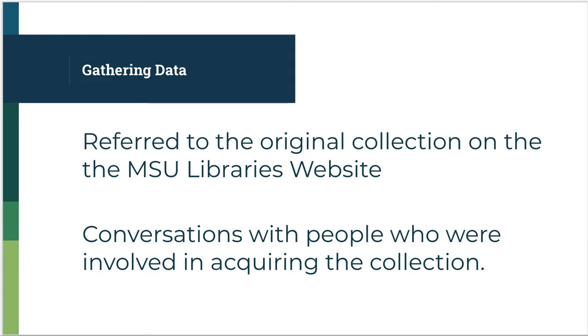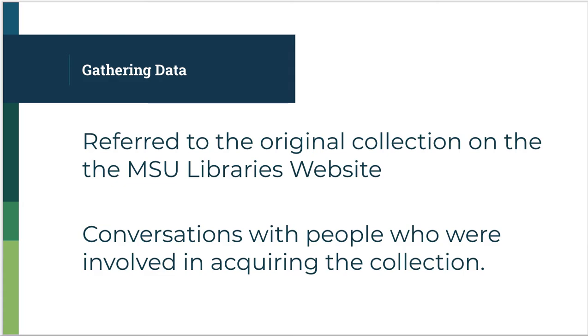So, in my research phase, I talked to several people who were involved in obtaining the collection, and I was also given access to a database which had several pieces of information about the collection which are not readily available on the internet.